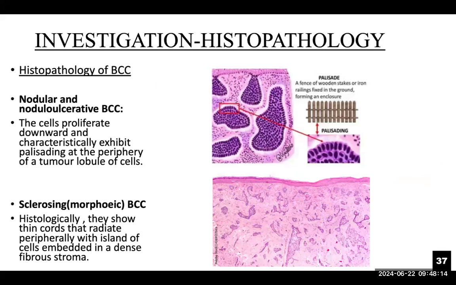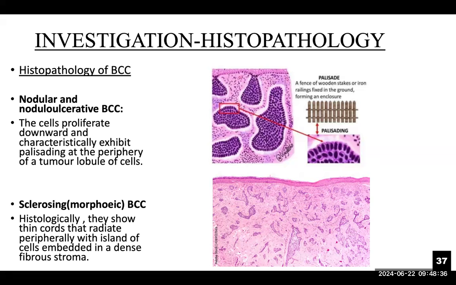Okay, next slide, please. So the histopathology of basal cell carcinoma, the nodular and nodulo-ulcerative types. The histological pattern shows that the cells proliferate downwards. The cells are normally located in the epidermis.